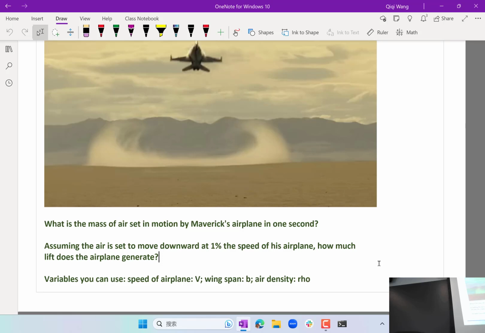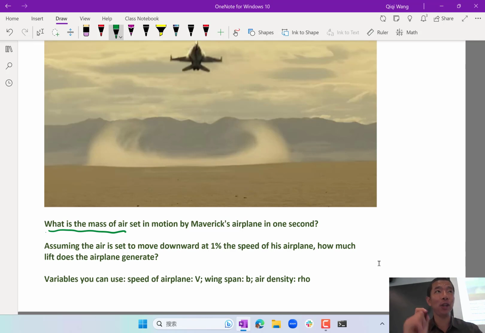Okay, I see a lot of very good progress. A lot of questions I want to answer here. There was a very good question: can you use the chord length in the answer? The reason people want to use chord length is to figure out how much air is moved by the airplane downstream.